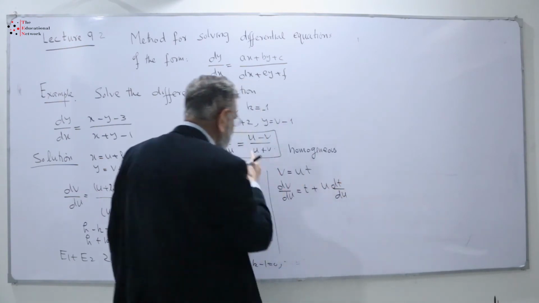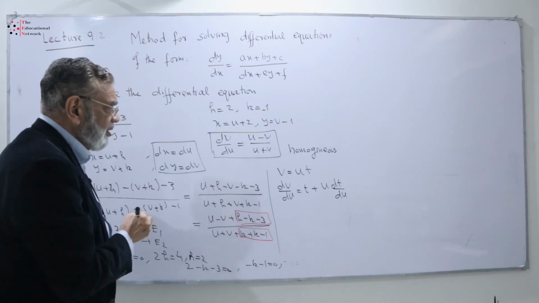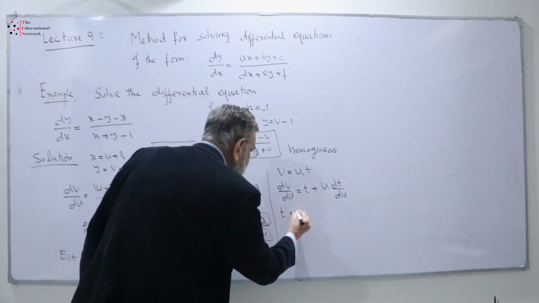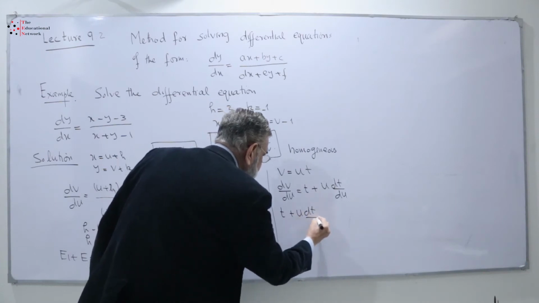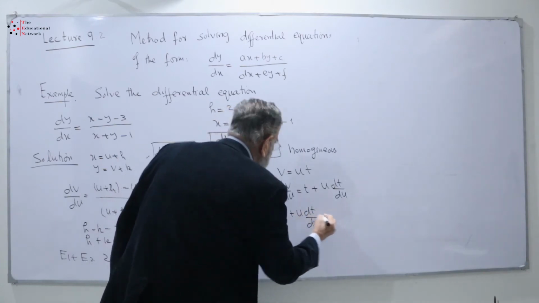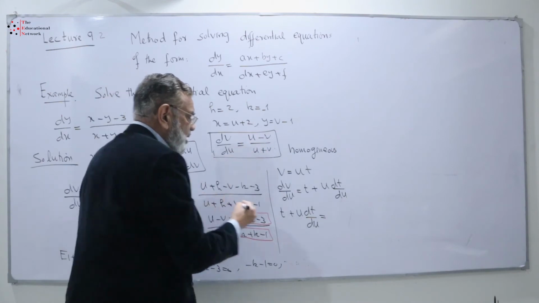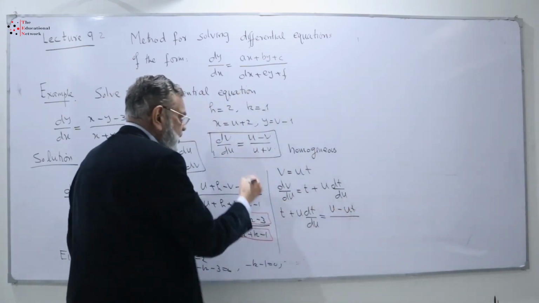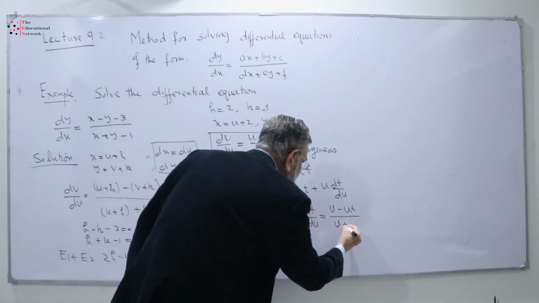Now I substitute in my equation the values of u and v and dv by du. So I get t plus u dt by du is equal to u minus ut over u plus ut.